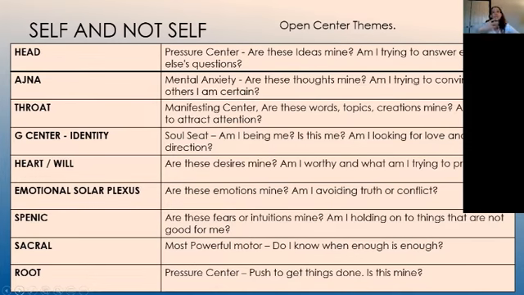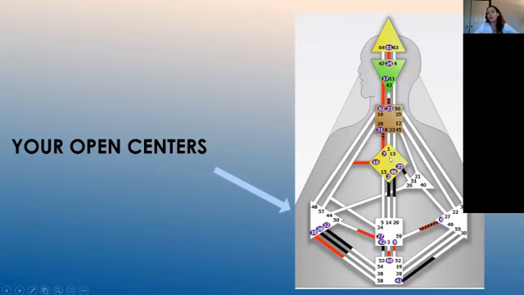If your throat center is defined, you're more than likely to be speaking about whatever it's connected to. This particular chart that I have on the screen, this person's going to be speaking more about things that drive them from their identity or who they are, or the things that are impassioned from their soul and their inner spirit.